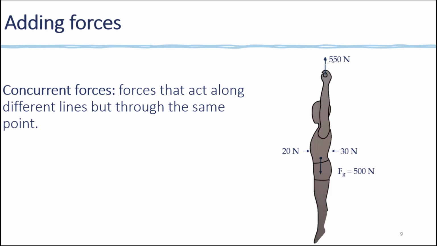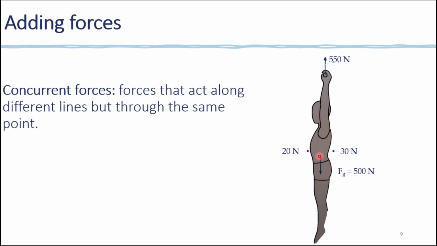So the external forces acting on the gymnast are the force of gravity acting at the center of mass of the gymnast. Then we have a horizontal force of 20 newtons exerted by the coach pushing on the front of the gymnast, and a horizontal force of 30 newtons in the opposite direction, also exerted by the coach pushing at the back of the gymnast.